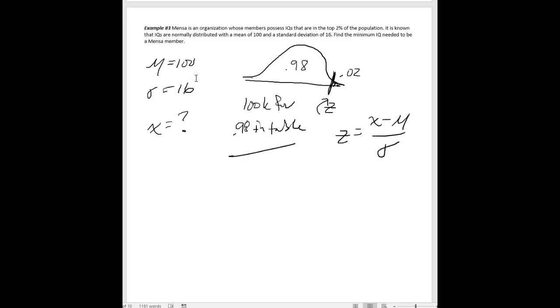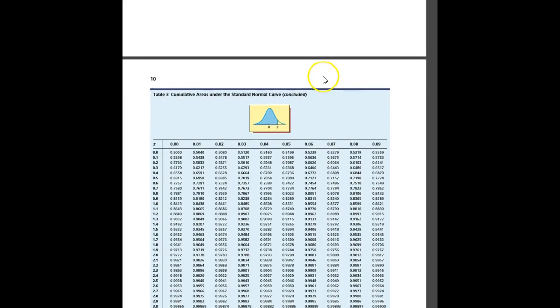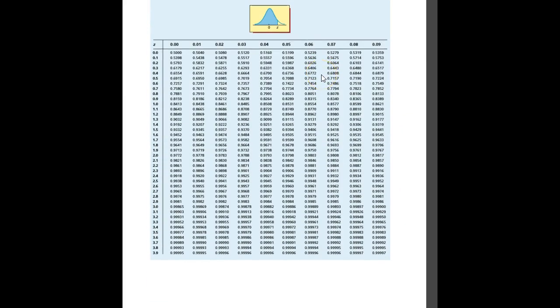So we go over to our table. We're going to look for the point where 2% is above our z value or 98% is below it. I think it makes more sense because we can just look for 98 in the table. So we start from here and move up till we start seeing some things close to 0.98. Oh, here we are, 0.9893.